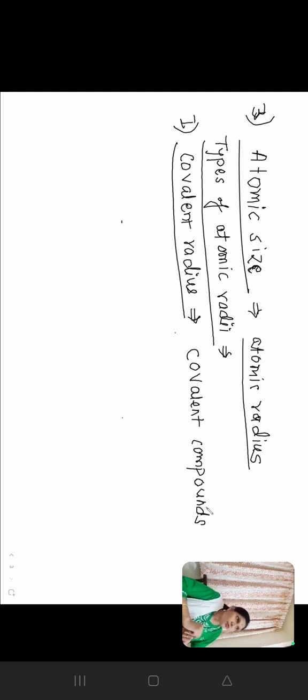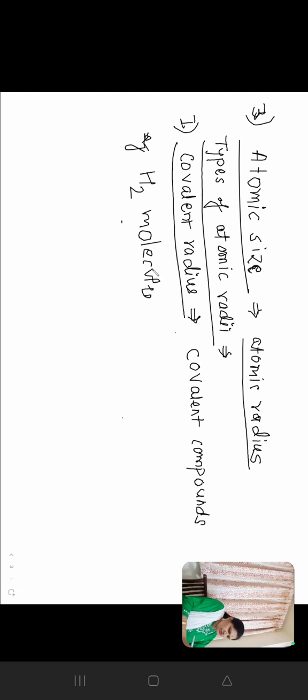In the case of covalent compounds, I will give you one example: the hydrogen molecule, H2. Hydrogen atom alone doesn't exist in nature. It exists in its molecular form, the H2 molecule.